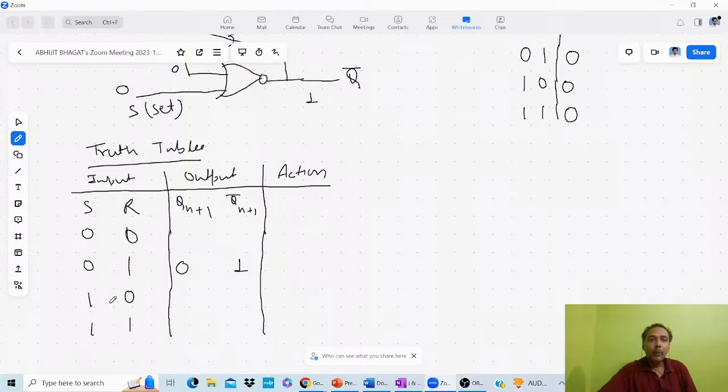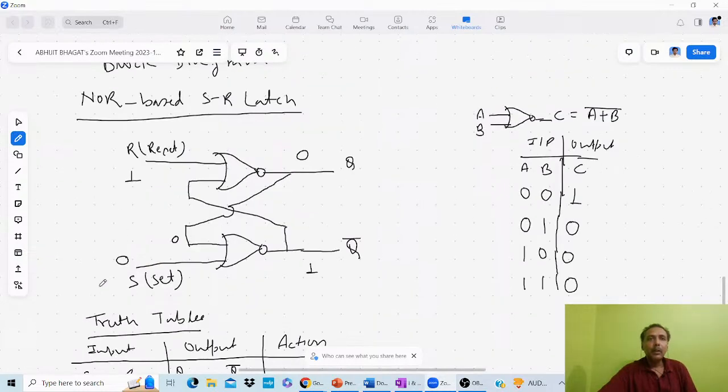Next, when you apply the 1 0, your S is 1 and R is 0.